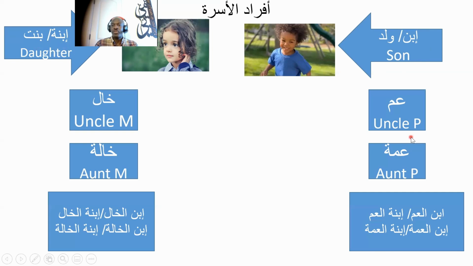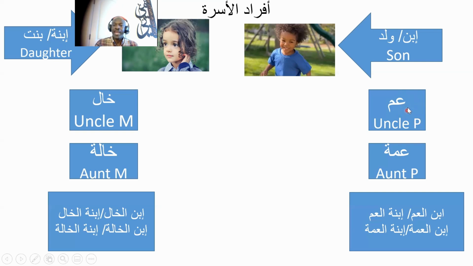So let's move to the dad side, your father's side. In Arabic, we have two kinds of uncles. In English, when you say my uncle, it could mean your dad's brother or your mom's brother. But in Arabic, to refer to your dad's brother, we say Am: Ain, Mim.